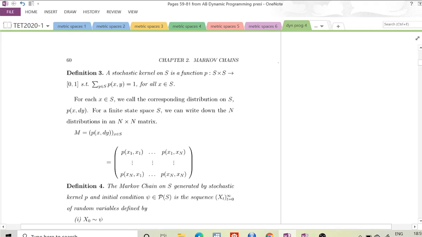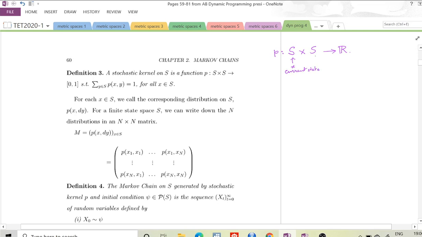So what are we doing here? A stochastic kernel goes from S cross S to R. We will use it in the context of a Markov chain. In the context of a Markov chain, the state that we are going to pull out of the first S, let's call it x, is going to be the current state.